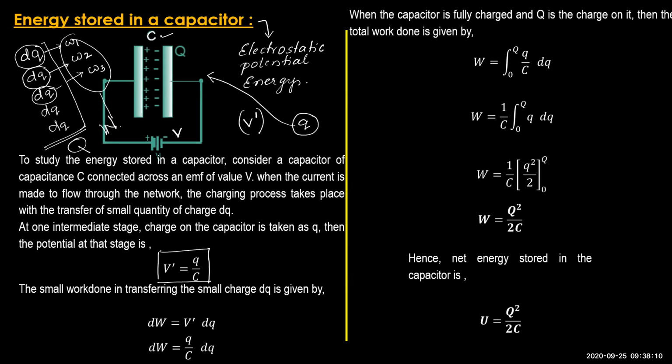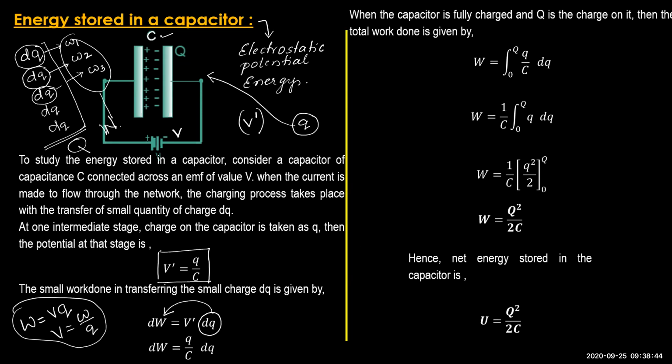Now, if a small amount of charge dq is stored, then the work done in storing it is given by dW is equal to V dash into dq, because we know that W is equal to V into Q, or V is equal to W divided by Q. All these equations have been already discussed.